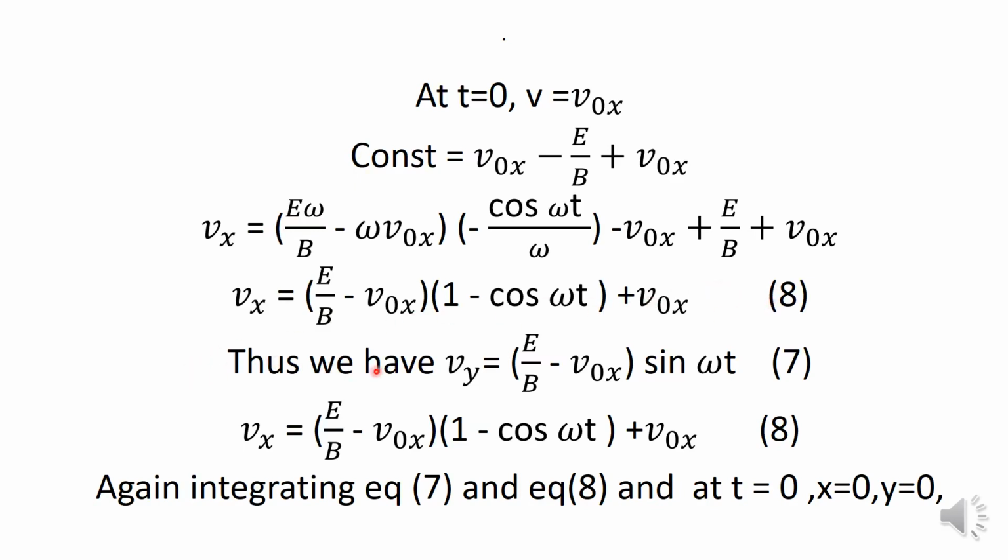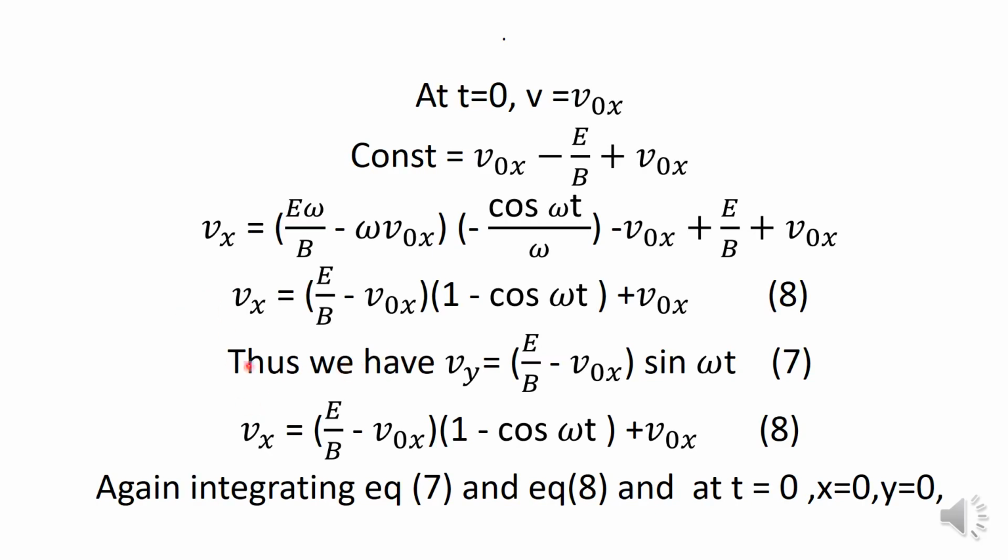Thus we have vy = (E/B − v0x) sin ωt. This is equation 7. Ultimately we find the components of the velocity after time t of the charged particle when entering within crossed electric and magnetic fields.